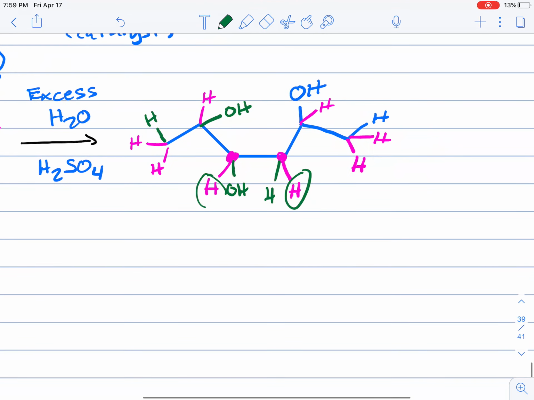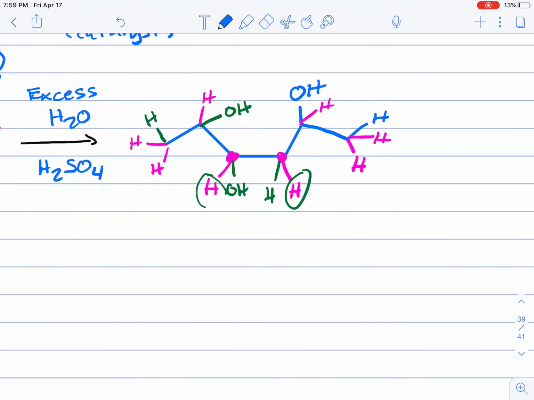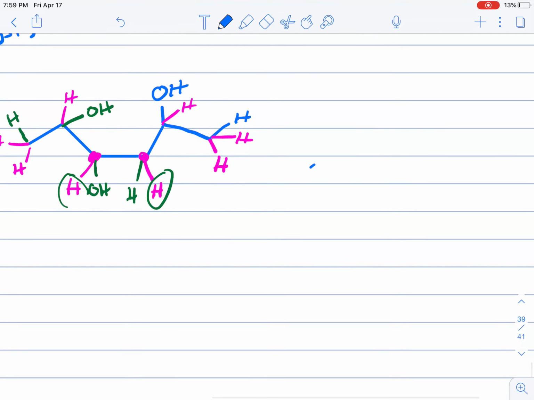And so if I were to clean up my work and just showcase the final outcome, I would have a hydroxyl here, a hydroxyl here, and a hydroxyl here.